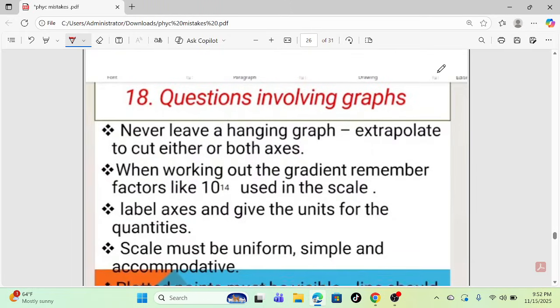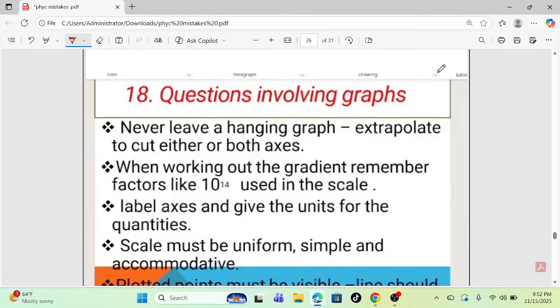Questions involving graphs. Rule number 1, which is very important: never leave a hanging graph. Extrapolate to cut either or both axes. What do I mean? If my graph looks like this, it comes out like this, never leave it like this.